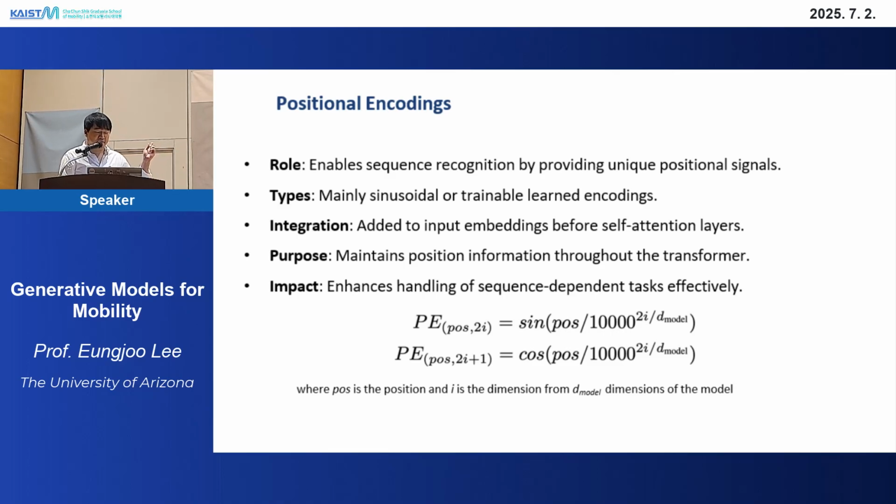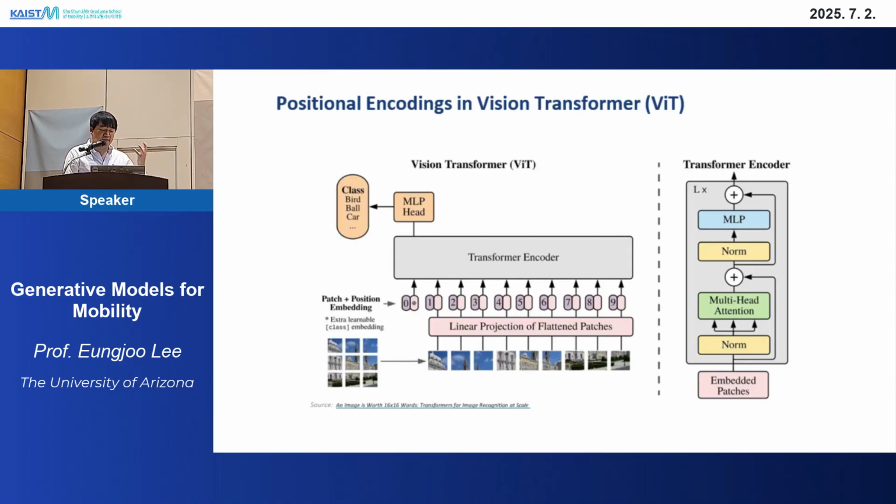You don't have to know the details of the sinusoidal or cosine function, but to give you a concept of this positional encoding: once you have input images, the vision transformer uses positional encoding so that you can recognize indexes. First of all, you make these images into patches, and somehow you have to understand the location of image patches, and positional encoding is the one that recognizes each specific ID or location. So this is how you play with positional encoding in a vision transformer.